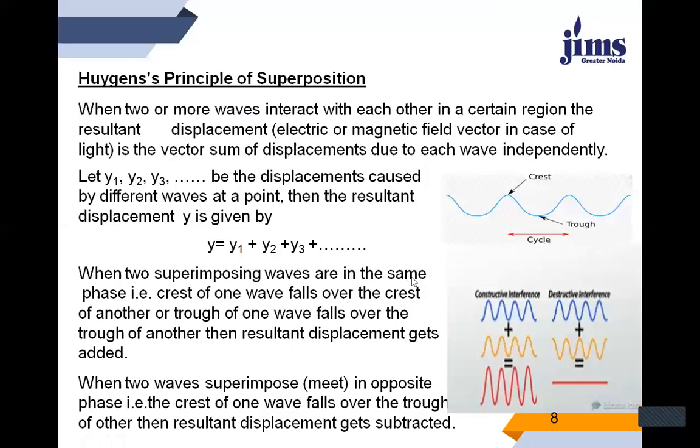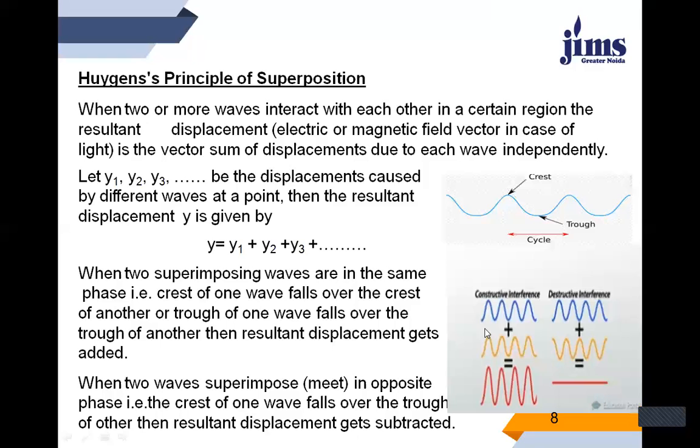You can see in this figure that this is the first wave of, say, displacement y1. This is the second wave whose displacement is y2. Both waves are in the same phase. This wave is initiating from here, and this wave is also initiating from here.